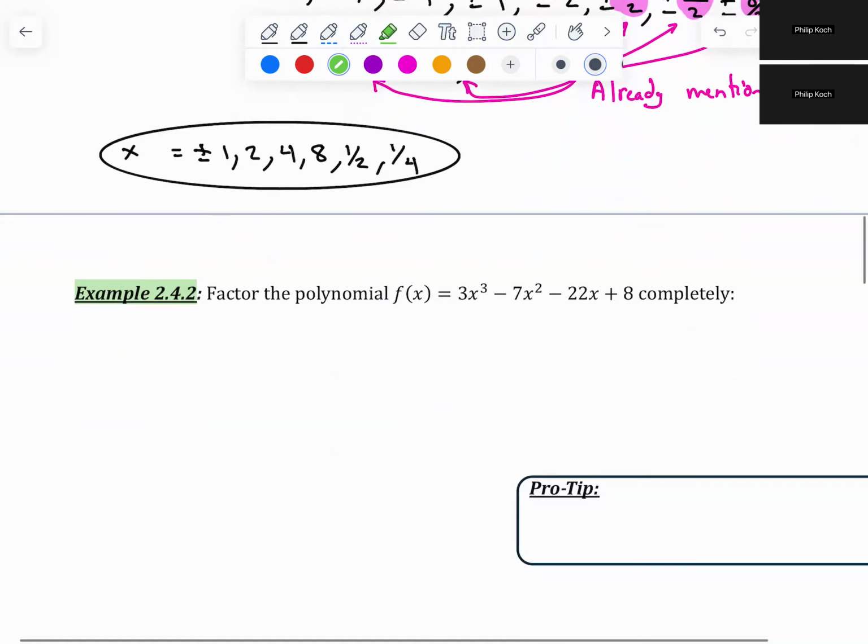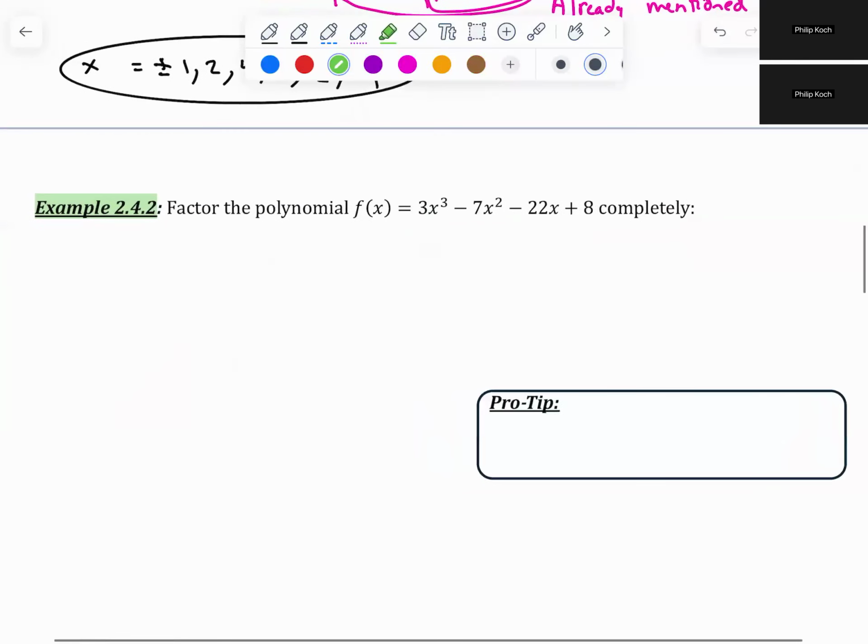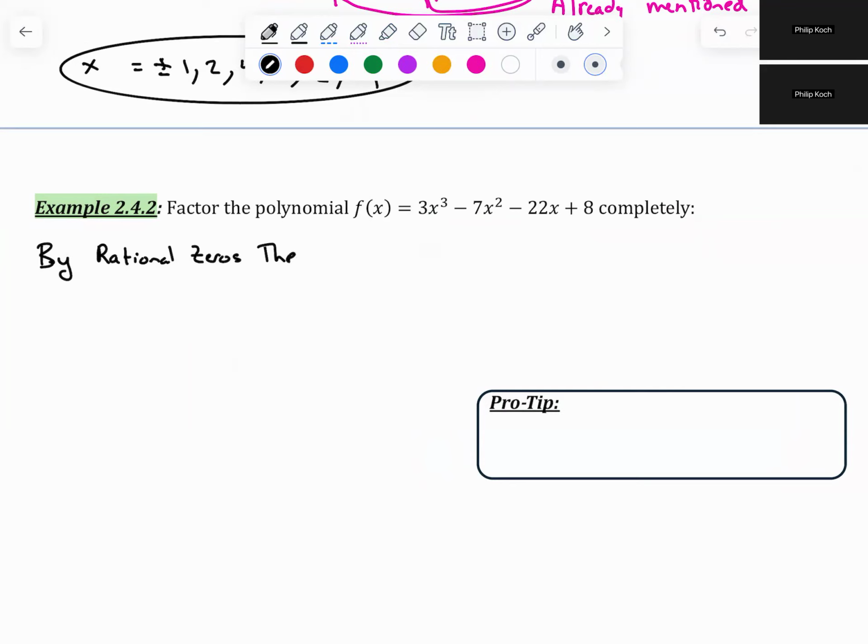So by the rational zeros theorem, so by RZT, which we're going to call RZT from now on, possible zeros are x equals plus or minus p sub 0 over q sub n, where p sub 0 represents factors of a sub 0, and q sub n represents factors of a sub n. That's why I use the 0 and the n.